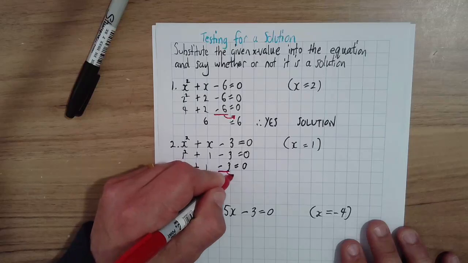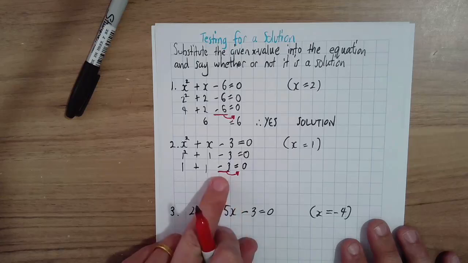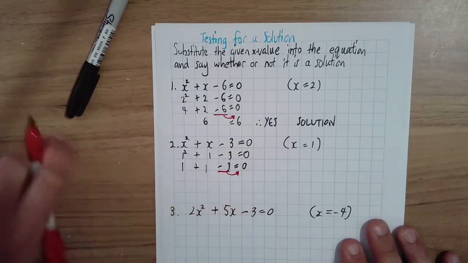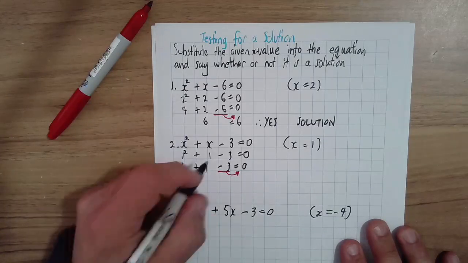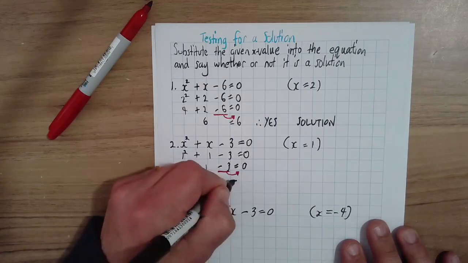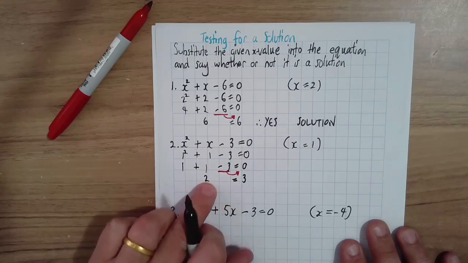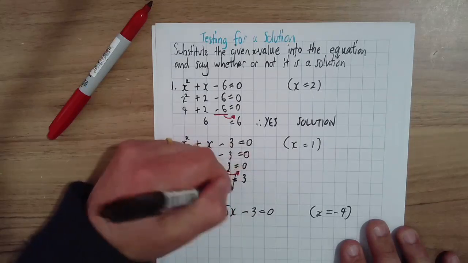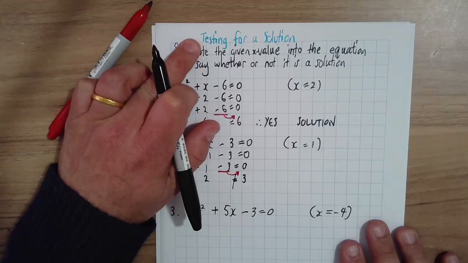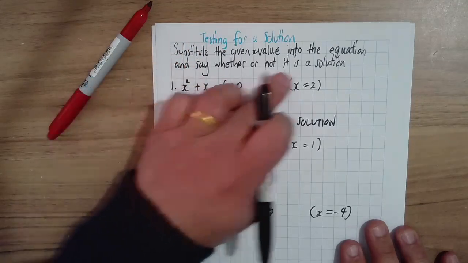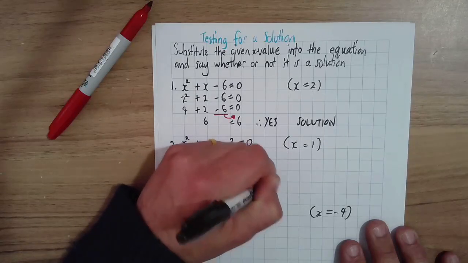We need to send it to the other side of the equal sign, and that minus 3, as it goes to the other side, will become a plus 3. So we're going to have 1 and 1 is 2 equals 3. So clearly 2 does not equal 3, which means that when testing for a solution, it's not a solution because 2 does not equal 3. Therefore, no solution.